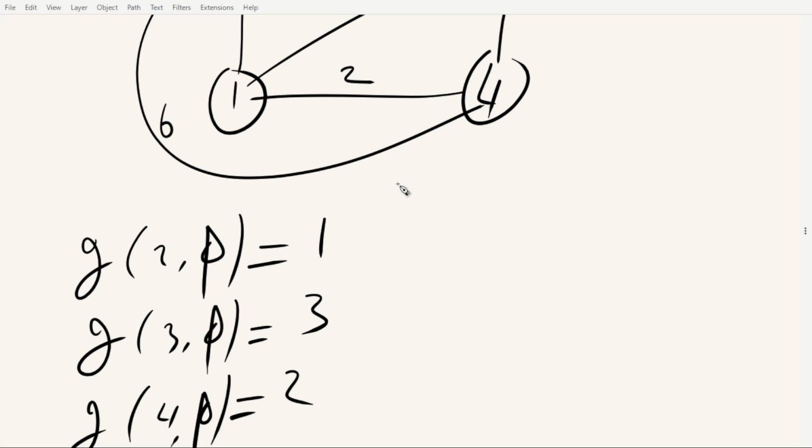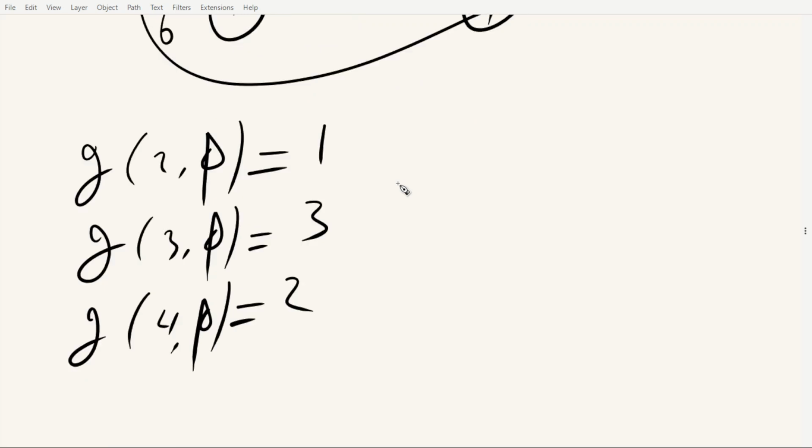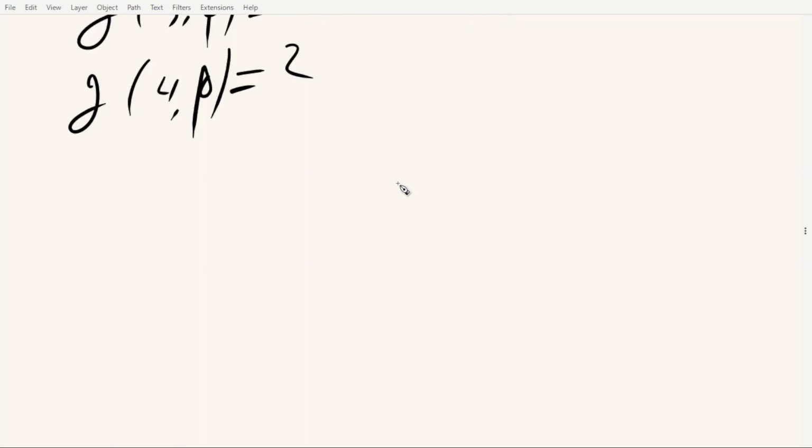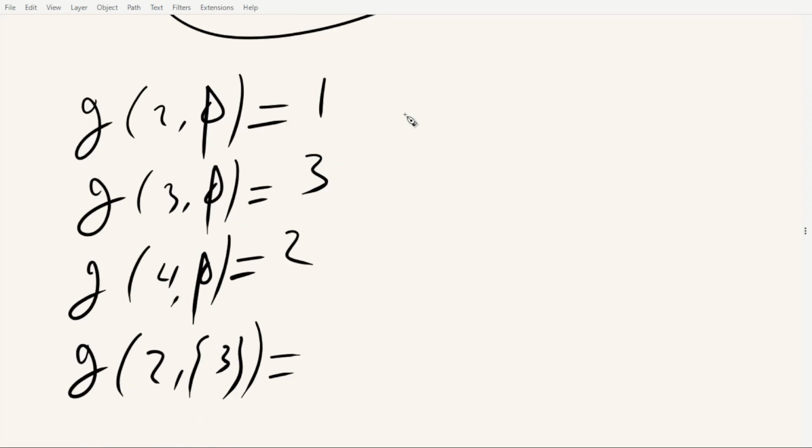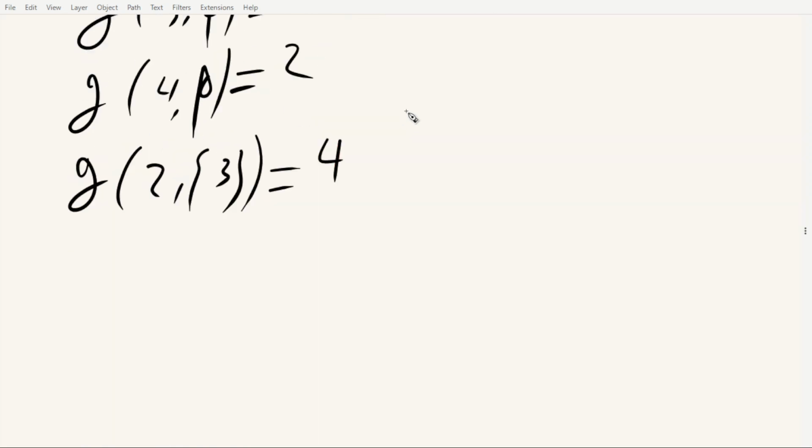Next level we have subset S of size 1. So there are 6 possibilities. First is G2,{3}. So we write its expression. 2 to 3 cost is 4. 4 plus, we move to 3.